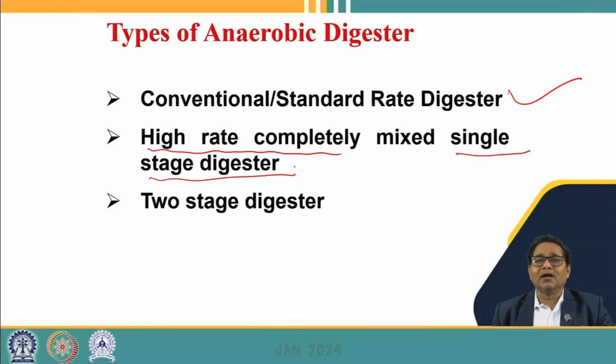And then there is another type of reactor, the two stage digester, which is a combination of these two, the conventional and the high rate completely mixed type of digester. So let us see more details about these different types of digester one by one.